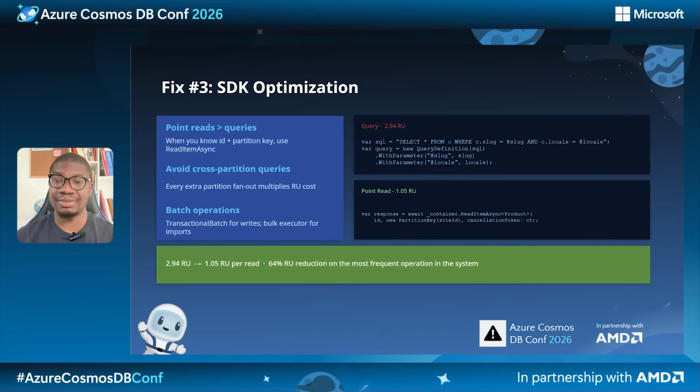That's like a 64% reduction on the single most frequent operation in our system. The point read is only possible because we had the right partition key and because we constructed stable document IDs. That is a compound benefit of fixing things in the right order. We also eliminated unnecessary query fanouts and introduced batching patterns where appropriate. These are small code changes, but in aggregate, across millions of reads, they make a big difference.